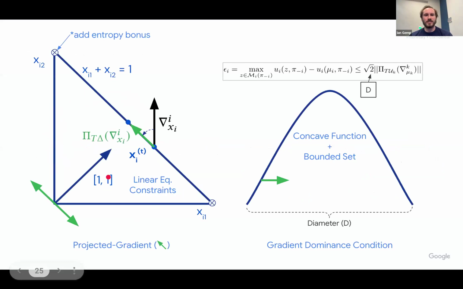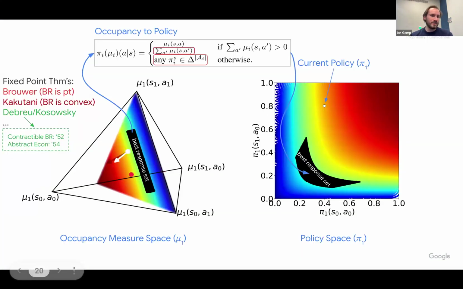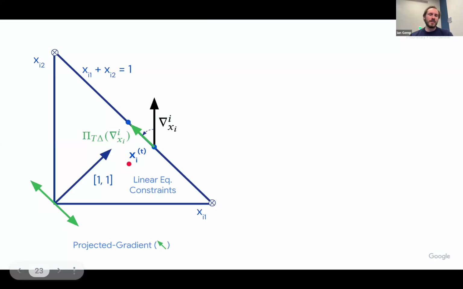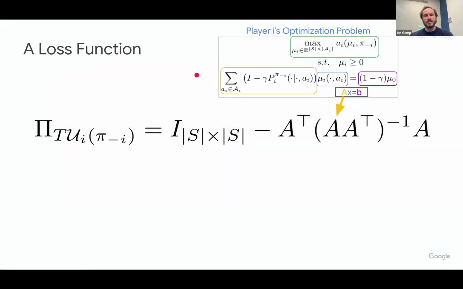We're not necessarily on the simplex per se. We're on some subset of a simplex. But this whole technique of projecting gradients works for any set of linear constraints, not just x1 plus x2 equals 1. And this is the formula for projecting onto a feasible set that's defined by linear constraints Ax equals b.